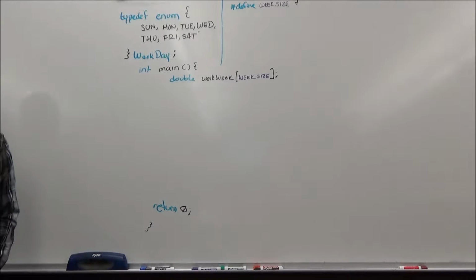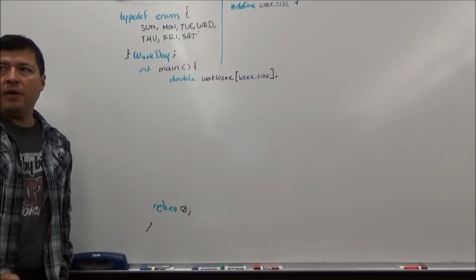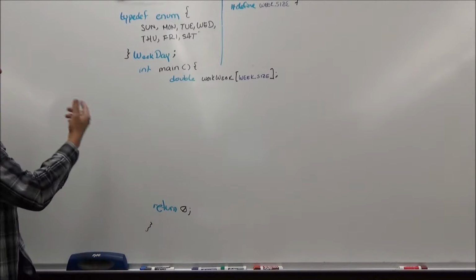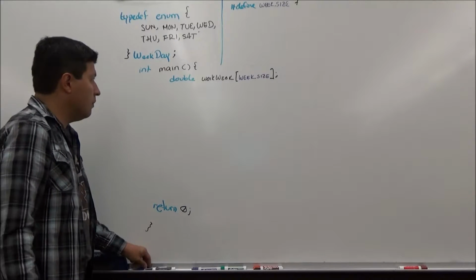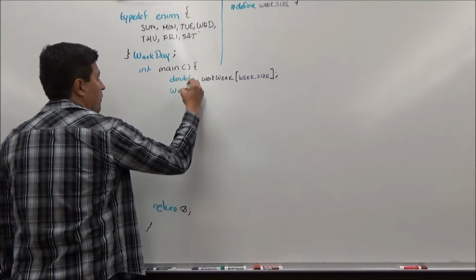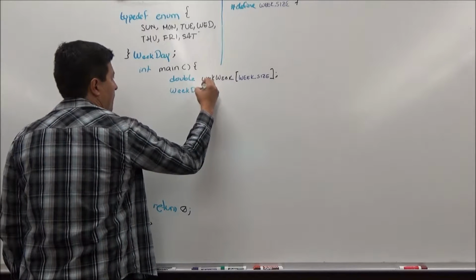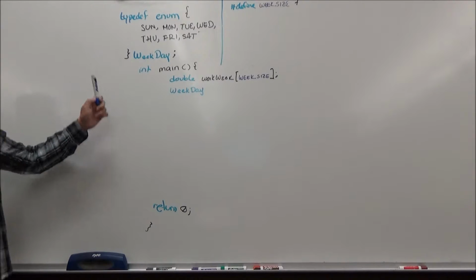When you declare a variable, you declare variable type and then variable name. If that's a type, then I can declare a type called weekday now, because I defined the type.